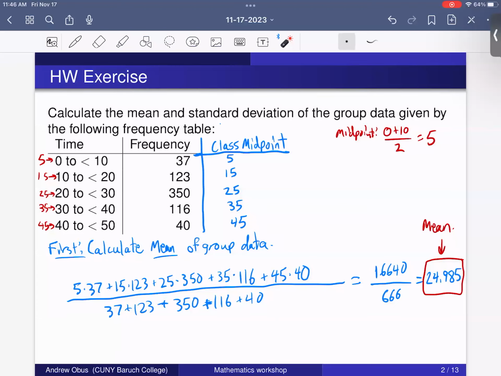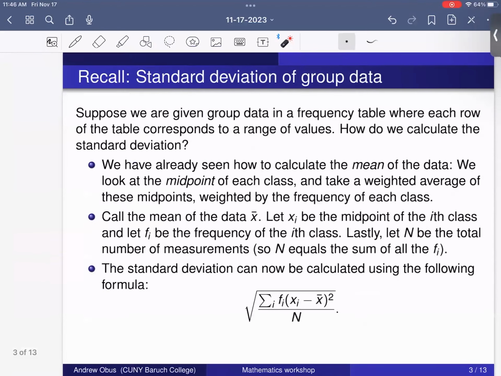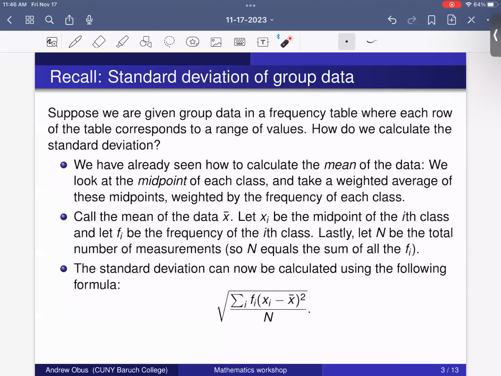Okay, so let's do the standard deviation of group data. Gabriel has a different formula which should be equivalent and should work, but let me just recall the formula that we did last week. If we're given group data, we calculate the mean of the data, which we already have, and we have the midpoint already, and we have the frequency of the ith class.